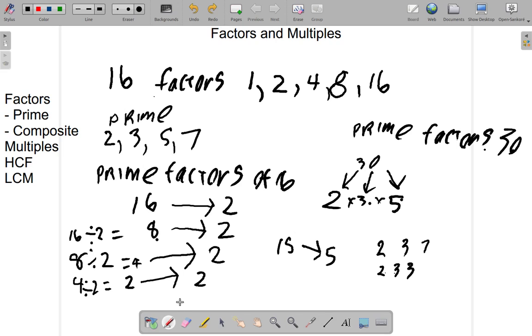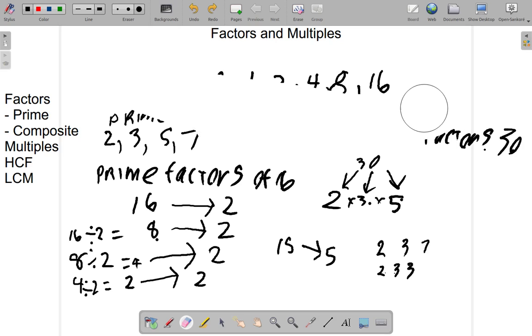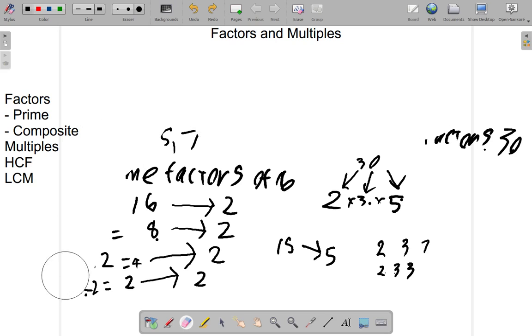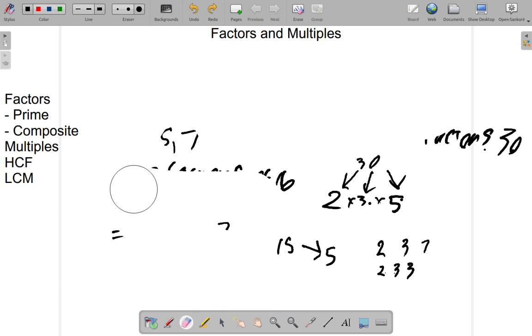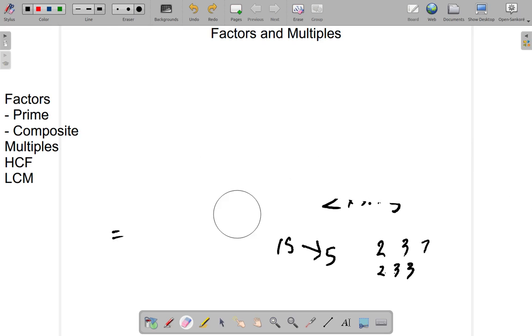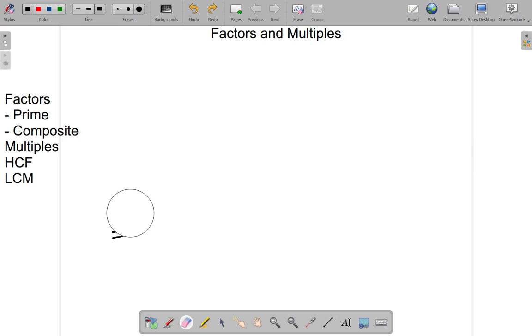Now, we mention composite factors. Let us just get rid of these to make space and look at this thing about composite factors, what this is all about. First of all, we need to know what a composite number is.